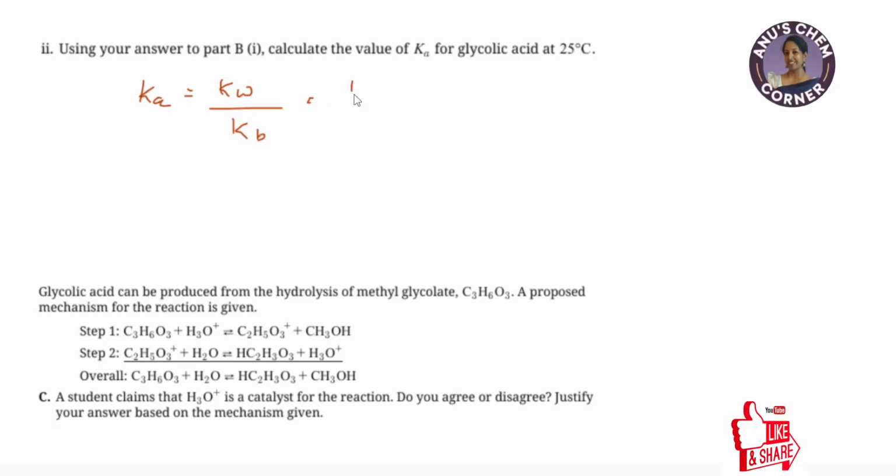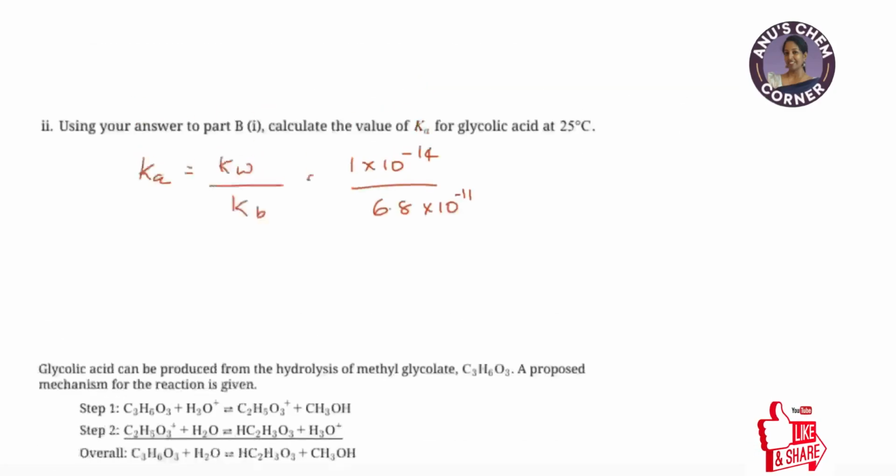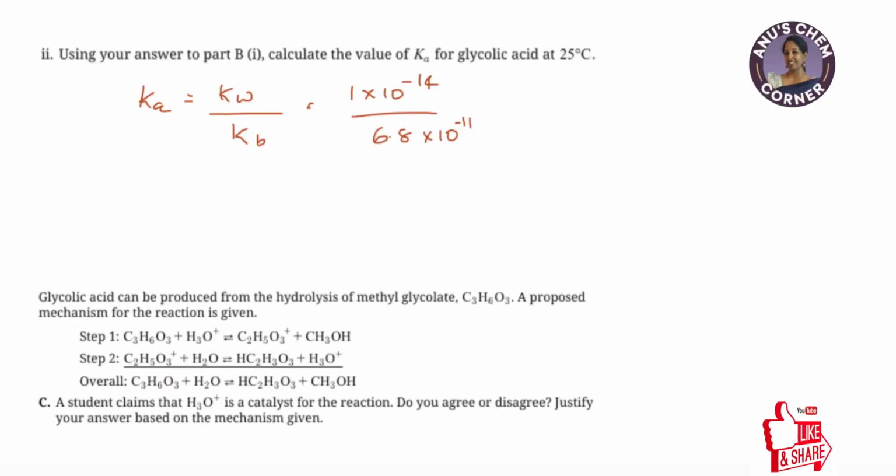Kw is 1 times 10 to the power of negative 14, and the Kb value we just found is 6.8 times 10 to the power of minus 11. Then what we get as Ka is 1.5 times 10 to the power of minus 4.